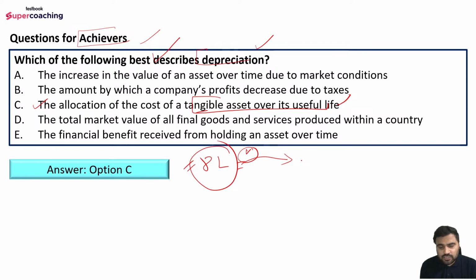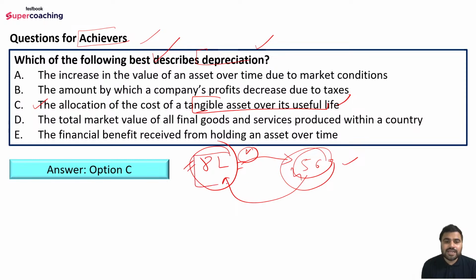So basically you can sell it at 5 lakh, 6 lakh, 7 lakh, 4 lakh, whatever amount it can be, but that can definitely be less than 8 lakhs. Why is this so? Because over the period of 2 years, its value has depreciated, and that is why you cannot sell the same car which you have bought at rupees 8 lakh at the same amount, right? So this is the concept of depreciation. So C would be the right answer, that is the allocation of the cost of tangible assets over its useful life.